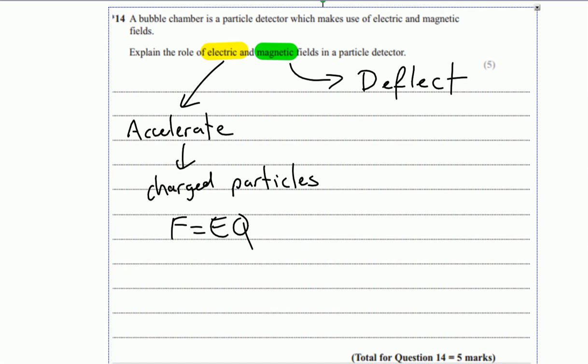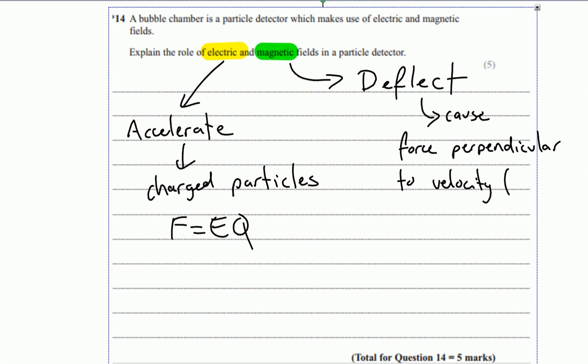What about magnetic fields? What do they do? Okay, so they cause a force perpendicular to velocity. You might want to mention Fleming's left-hand rule.